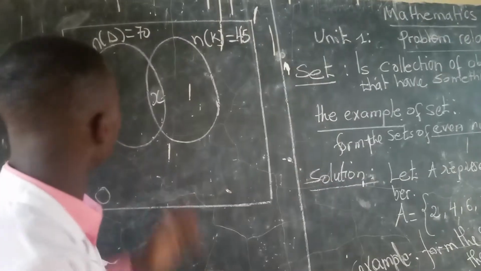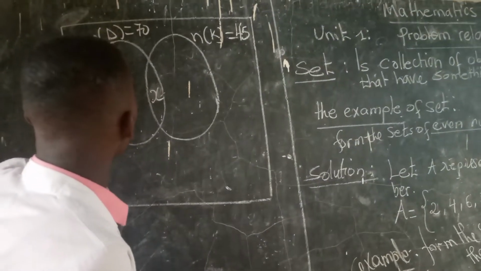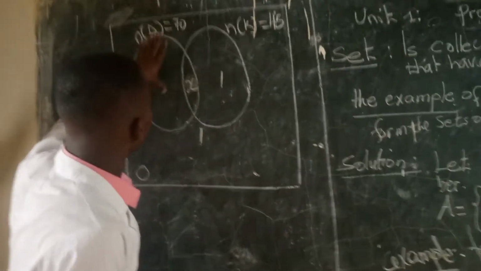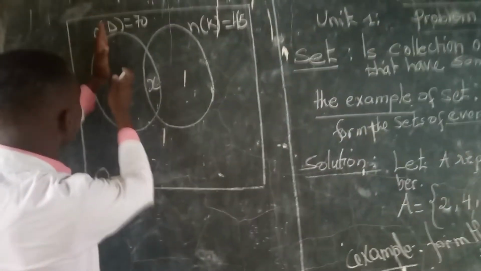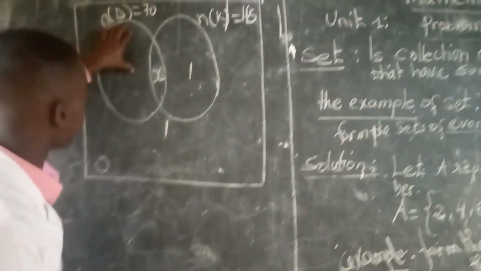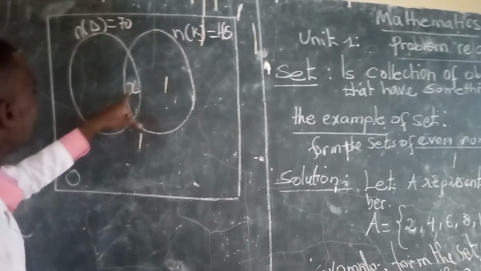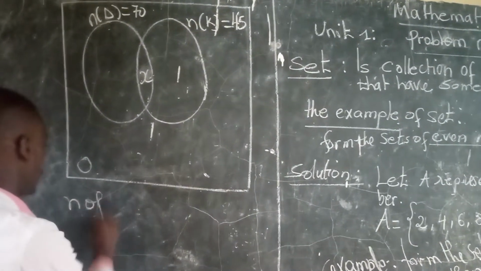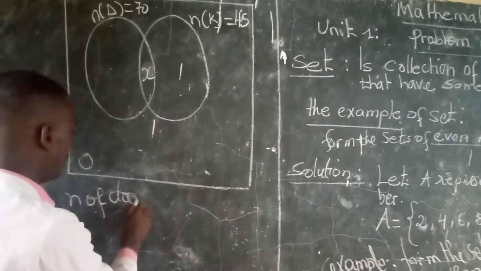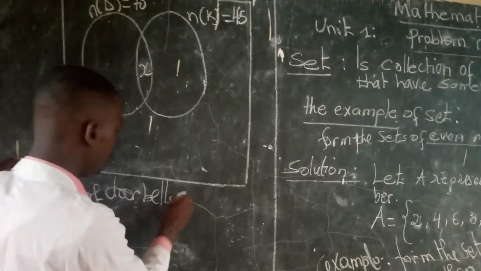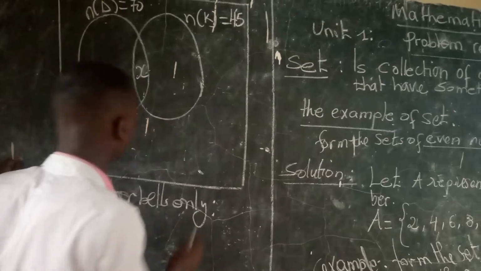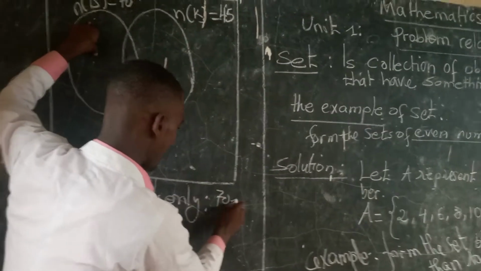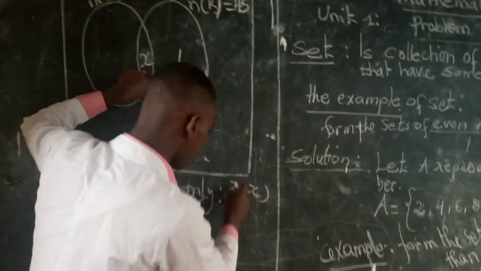So if I ask you how many doorbells only, you take the total number of the set of doorbells minus this x.